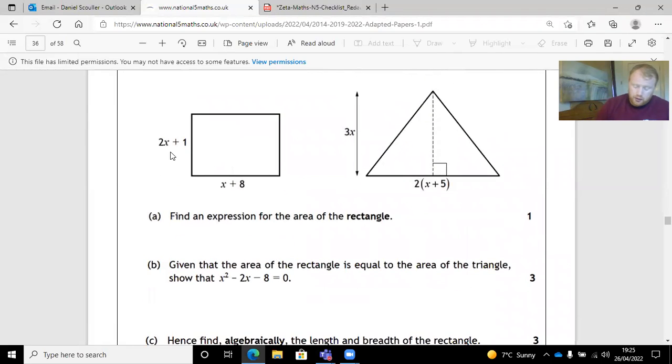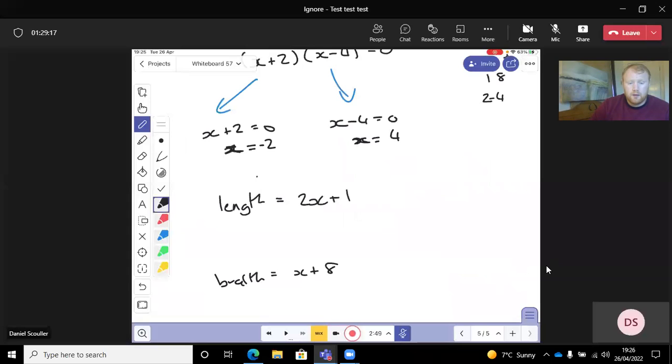The length is equal to 2x plus 1, and the breadth is equal to x plus 8. So we need to substitute these numbers in to get a value for our length and our breadth.